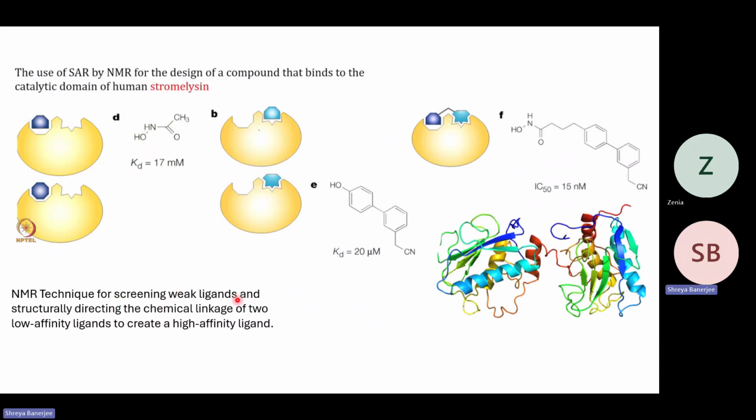So we screened weak ligands and then structurally directed the chemical linkage of two low affinity ligands. These two low affinity ligands are chemically linked by finding a linker of appropriate length and structure to create a combined ligand which has high affinity. This combined ligand is showing affinity in the nanomolar range.